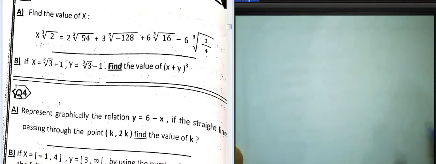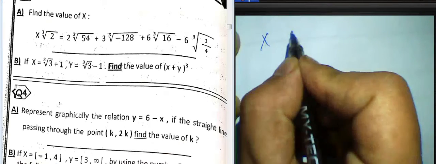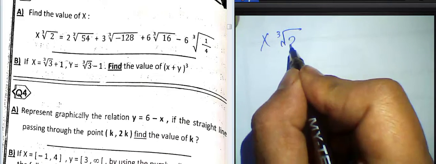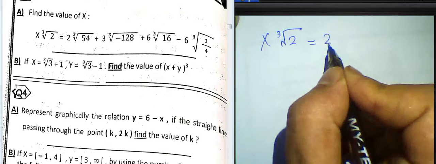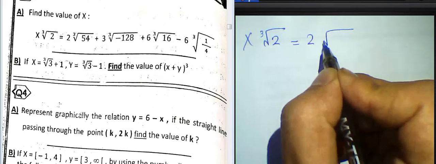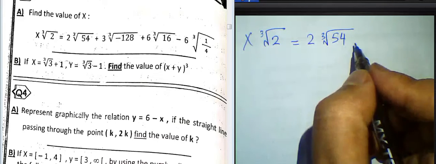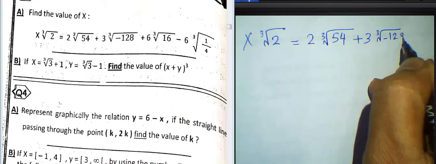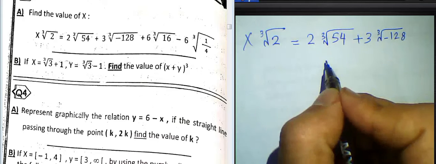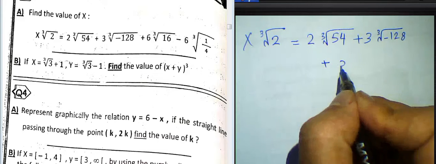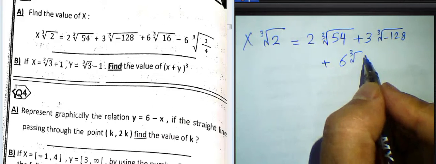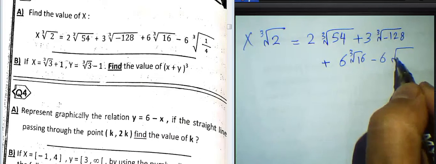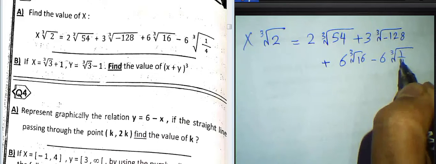Question number 6. Find the value of x if x multiply cubic root of 2 equals cubic root of 54 plus 3 cubic root of 128 plus 6 cubic root of 16 minus 6 cubic root of 1 over 4.